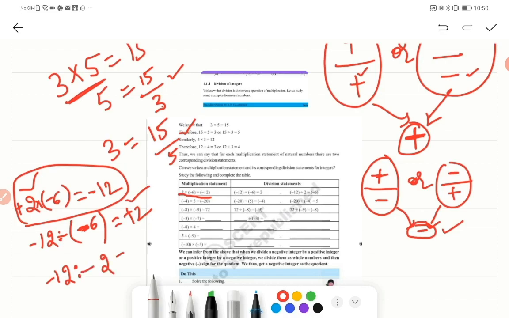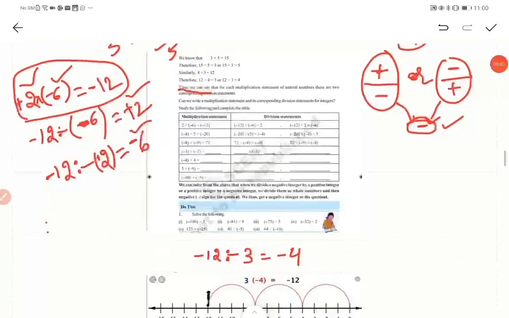This is minus and this 2 is plus, so what is the answer? It is minus 6. Division is just the inverse operation of multiplication.